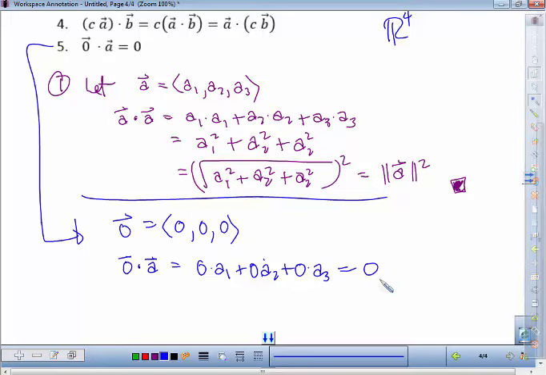All right. So let's take a look at some applications to the dot product. And the first one is this whole idea of projection, which is an interesting application.